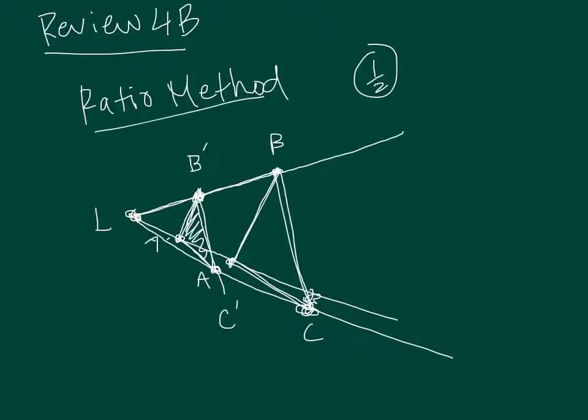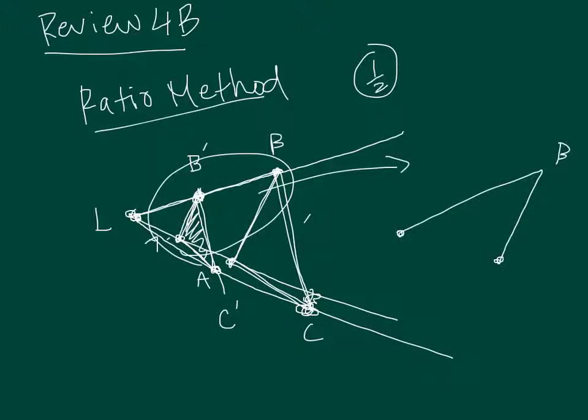How does this work? If you just concentrate on the triangle L, B, A, and A prime, B prime. If we take that part, we'll have L, B, A, and then we have A prime and B prime. As you see, that's actually a triangle with midline A prime, B prime.